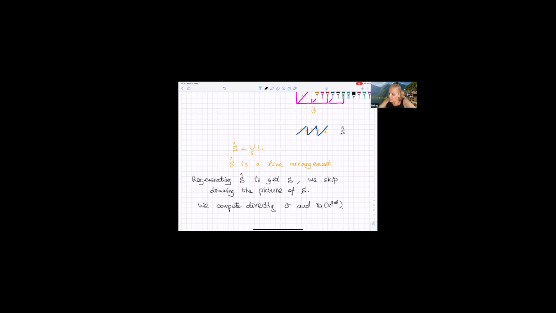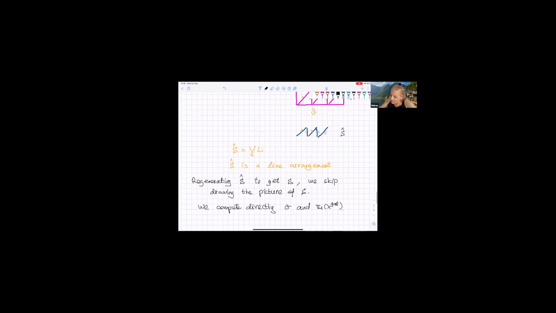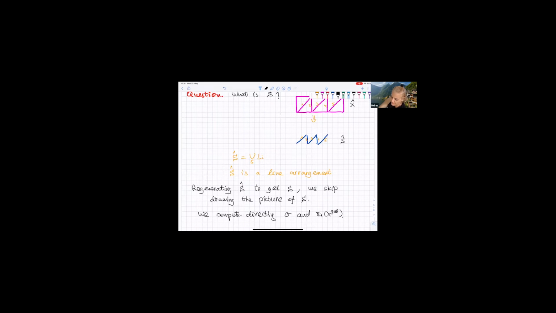So just to note that here, look in this picture, please. Here you can see some points, some singularities in the line arrangement.